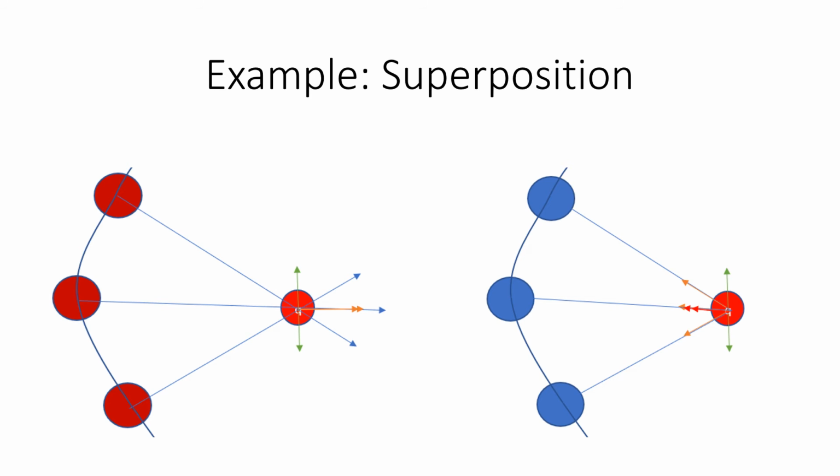In the example on the right, we have a similar scenario except that we have three negatively charged objects denoted by blue spheres. So in this case, our test charge is still positive, but the other charges are negative, so we have an attraction force.